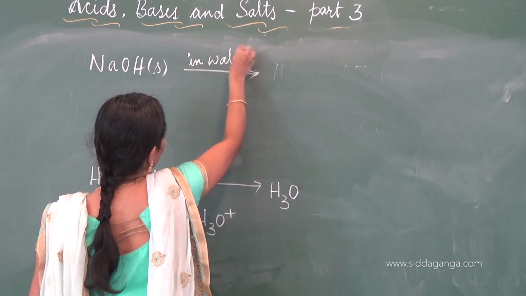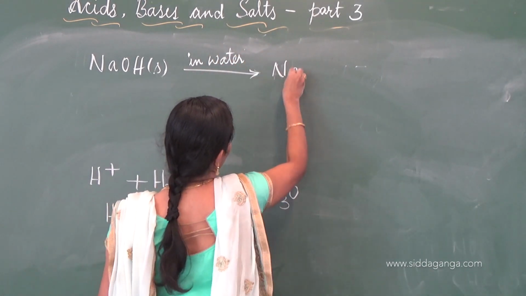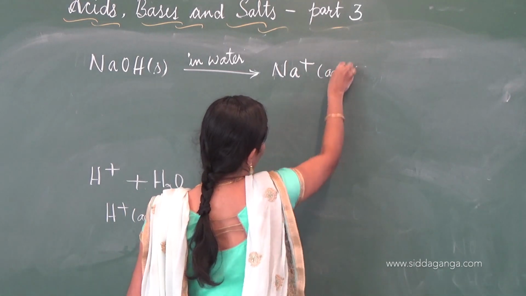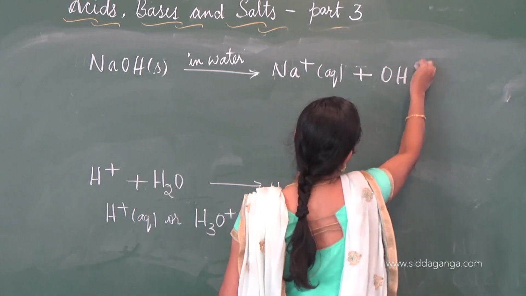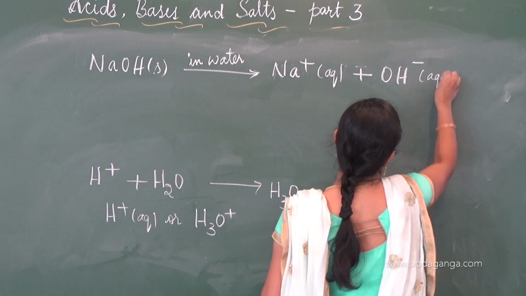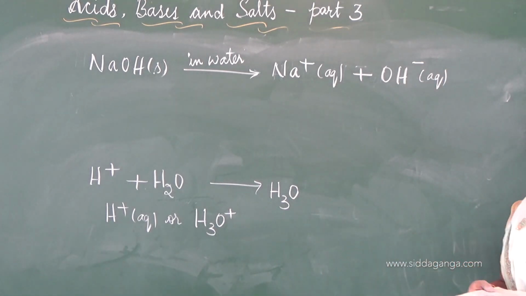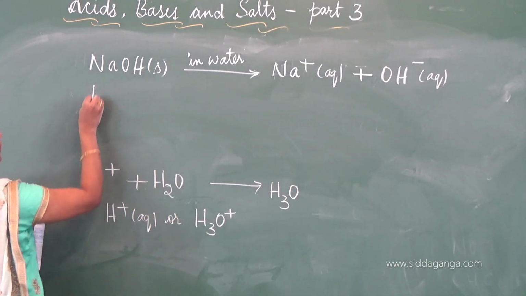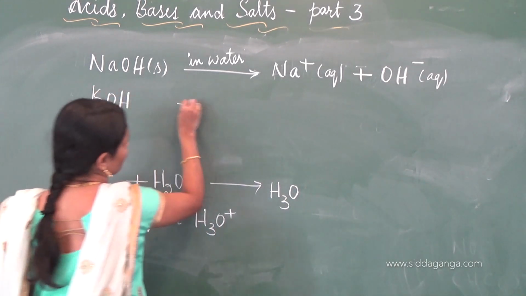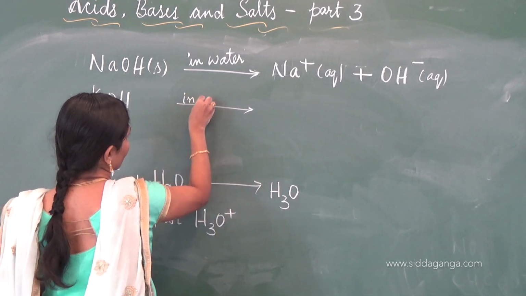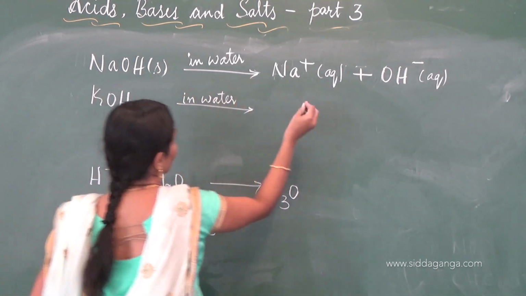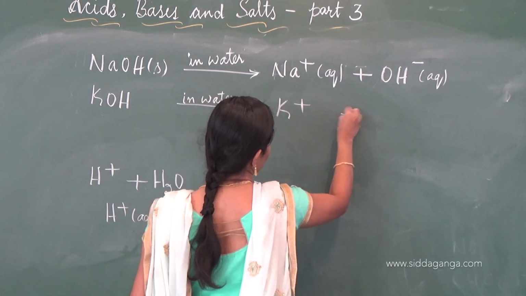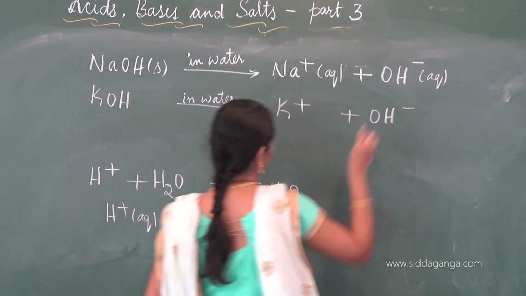They also produce ions: Na+, cation, and OH-, anion. Similarly, we can write a few more equations with respect to this. KOH in water will produce K+ and OH-, right?